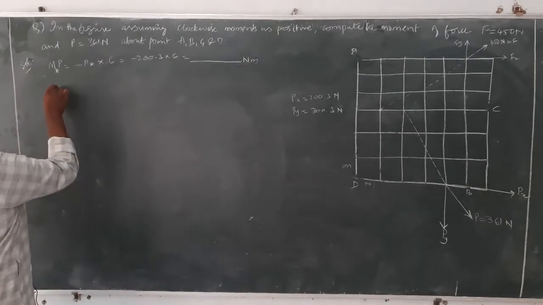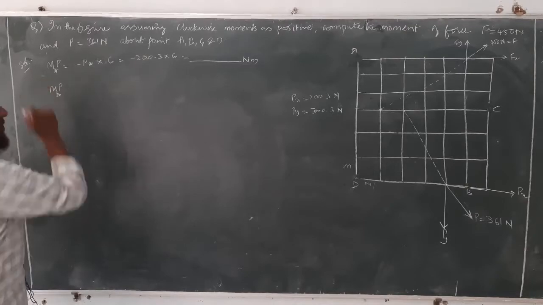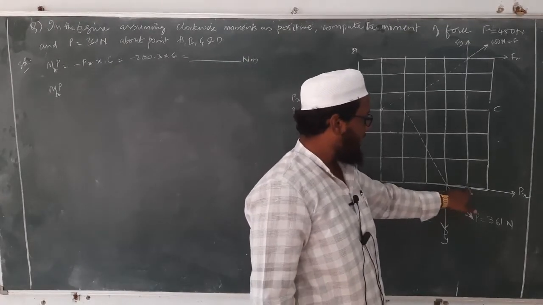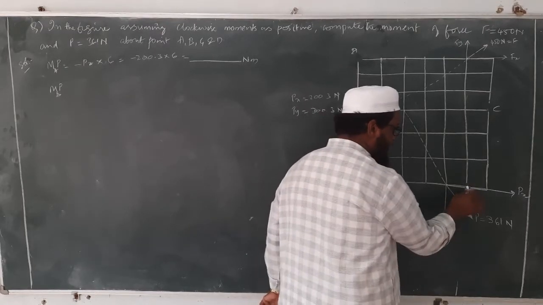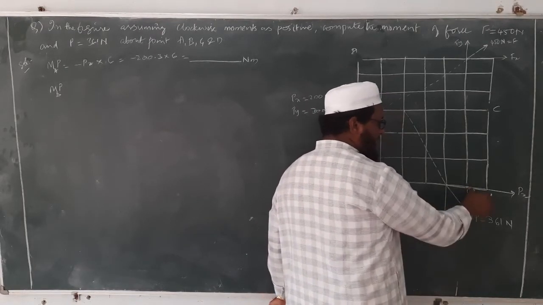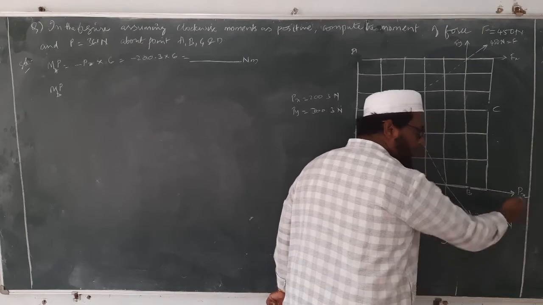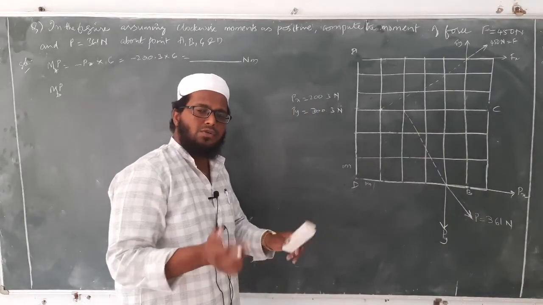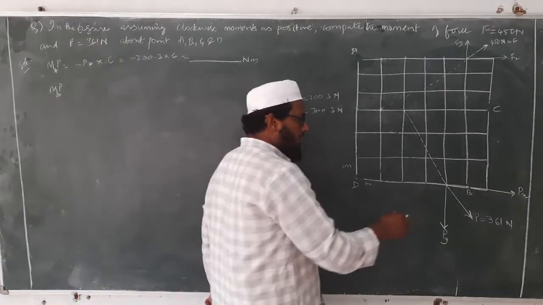What about the moment of P about point B? This is my point B. Px is passing through point B, so what will happen to Px? Px into perpendicular distance, which is 0, so Px will become 0. What about Py?